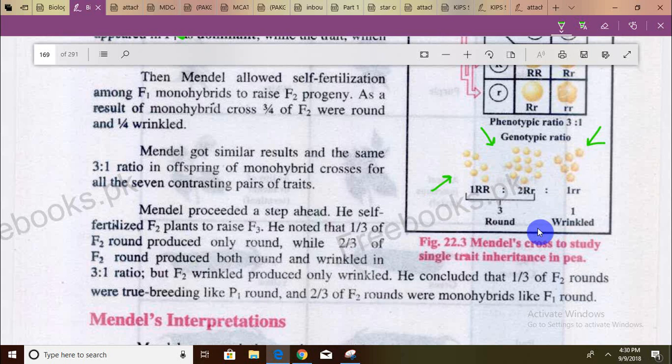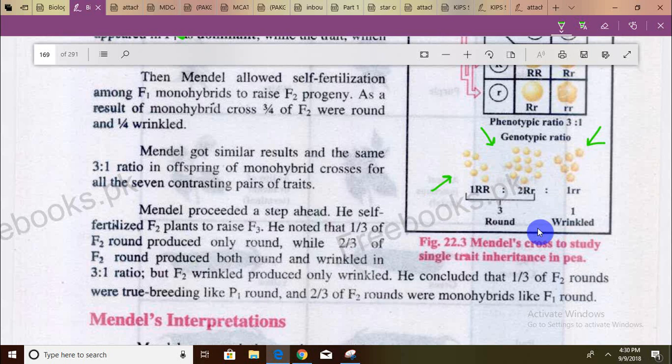Two-thirds of F2 round produced both round and wrinkled in 3 to 1 ratio. It's easy enough to see why, because we get RR, RR, capital R, capital R, capital R, small r, capital R, small r, and small r, small r.